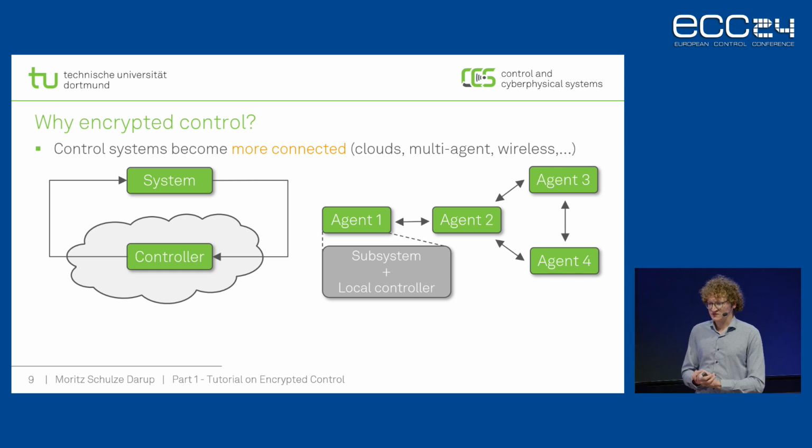On the other side, you see multi-agent systems, and in research there's a lot going on in the literature. You find many works also dealing with the multi-agent scheme. Since the cloud-based view makes it much easier to pick up what encrypted control is about, we will focus on the cloud-based realizations in the following.